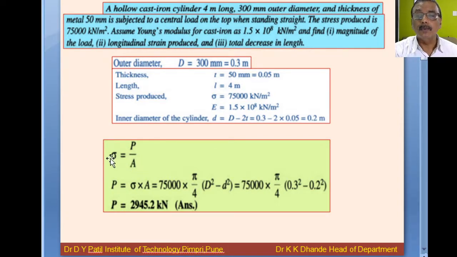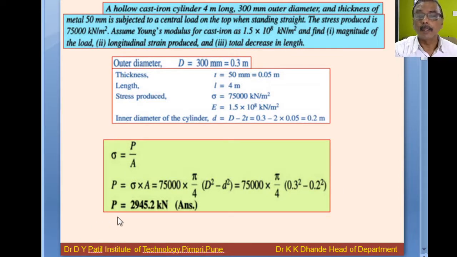P is equal to sigma into A. Sigma is given to you, 75,000, capital A, cross sectional area, pi by 4, capital D square minus small d square. Capital D is 0.3 meter and small d is equal to 0.2 meter. So 0.3 bracket square minus 0.2 bracket square.